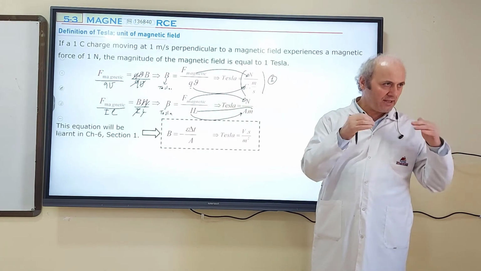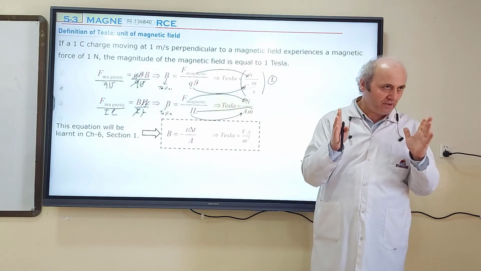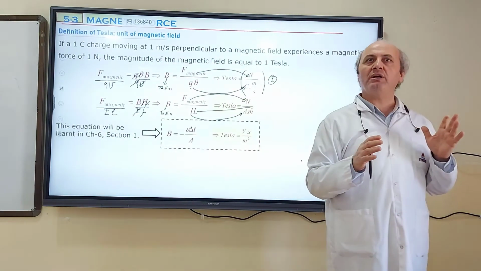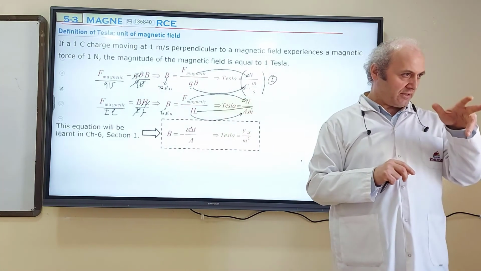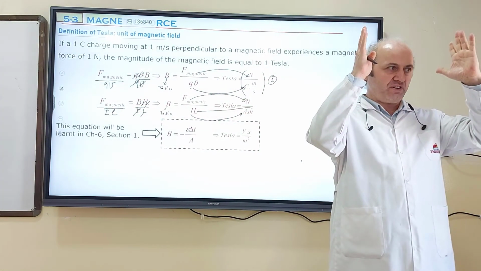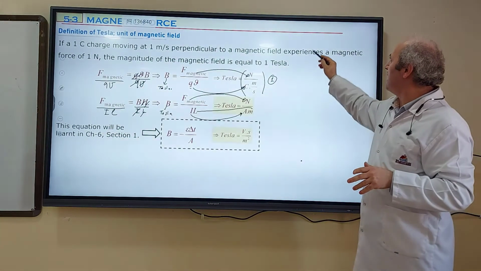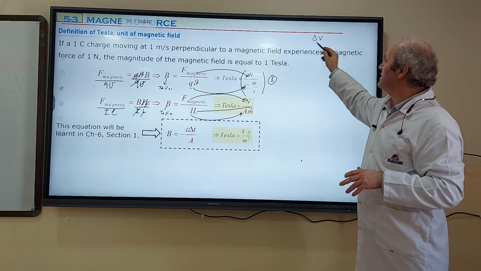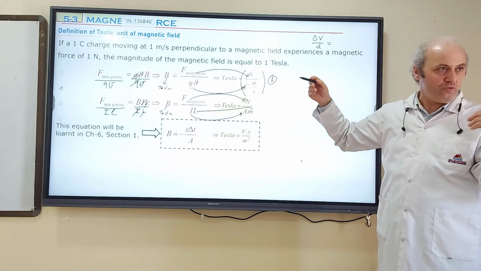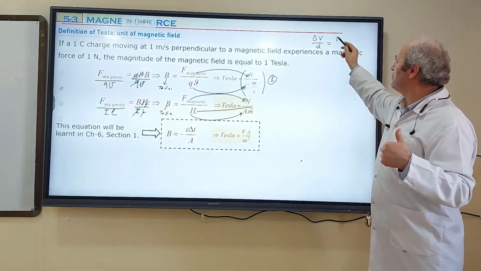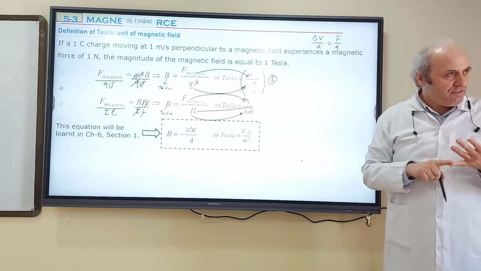I explained that at the beginning of section 2, when I was talking about uniform electric fields. Electric field can be calculated by 2 equations. One of them is delta V over D, where delta V is the potential difference between the plates and D is the distance between the plates. The second equation is force divided by charge, F over Q. So electric field has 2 units.